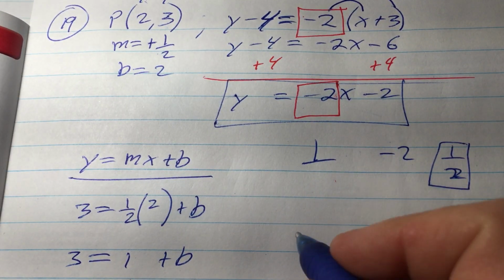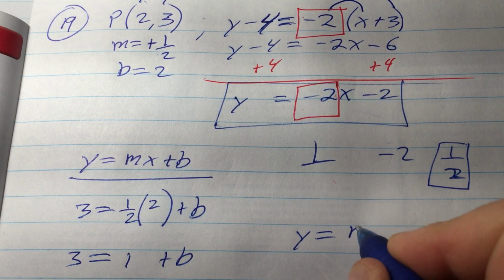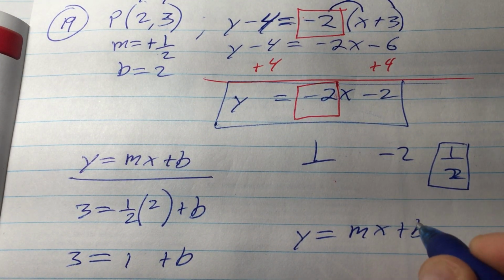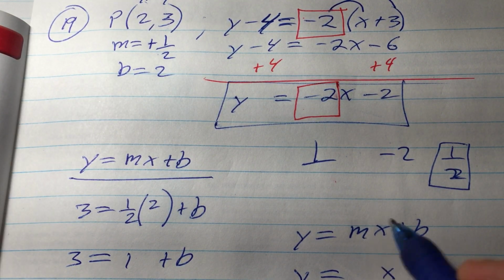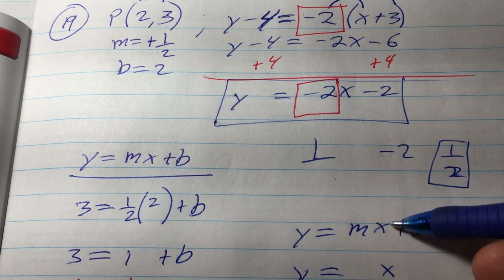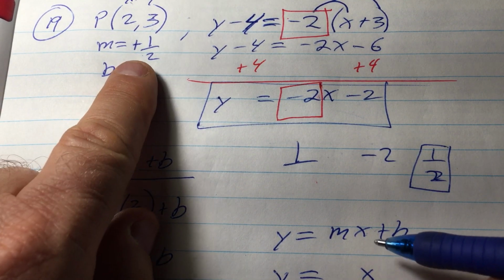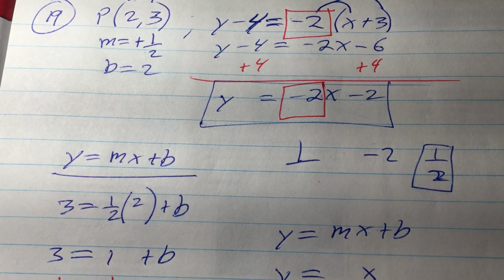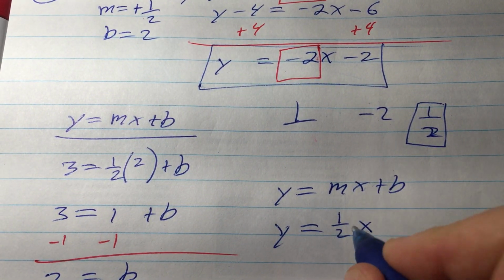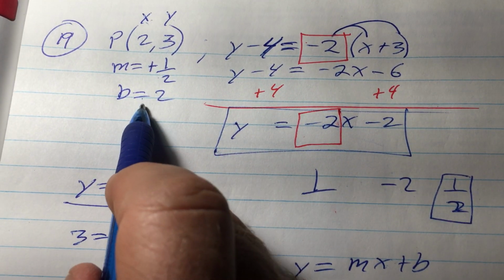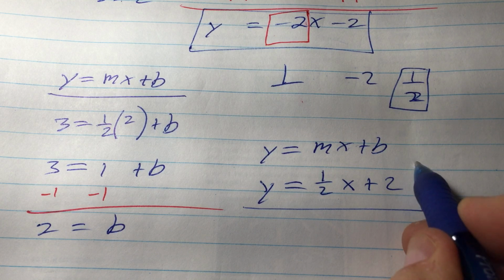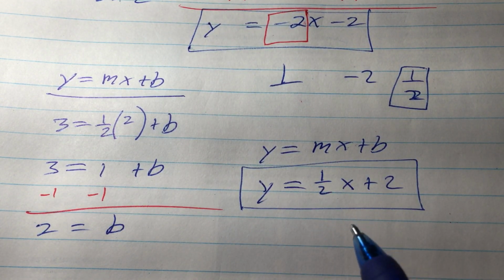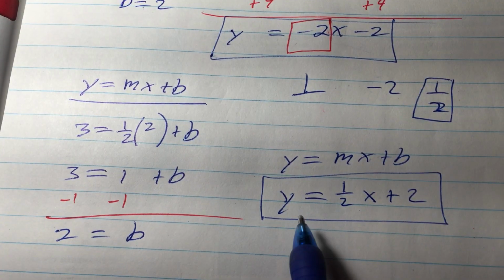So when we write our equation, y equals mx plus b, our value of m is going to be 1/2, and b is 2, plus 2. This is our equation.